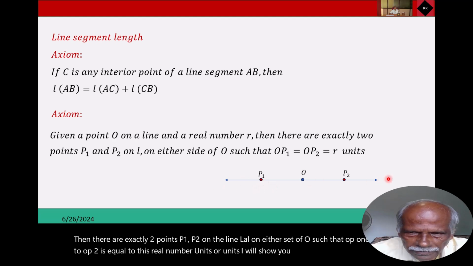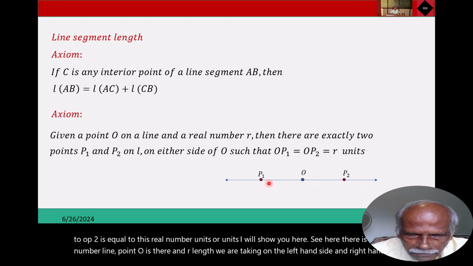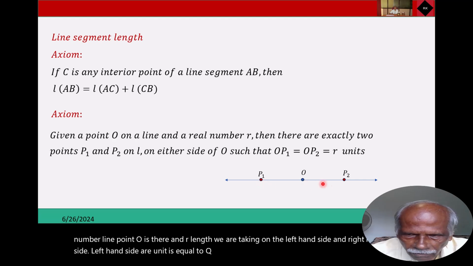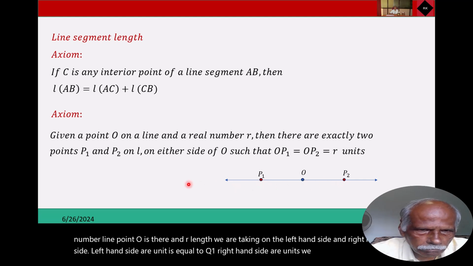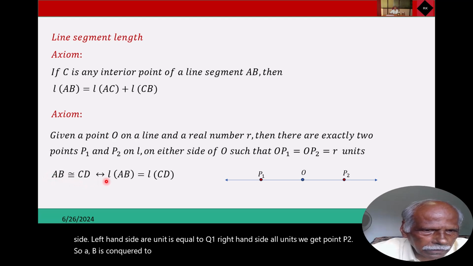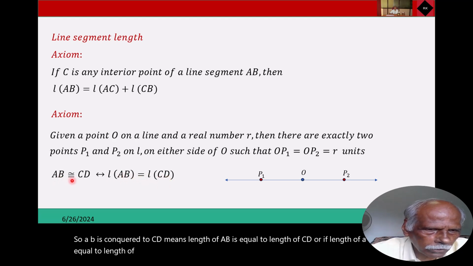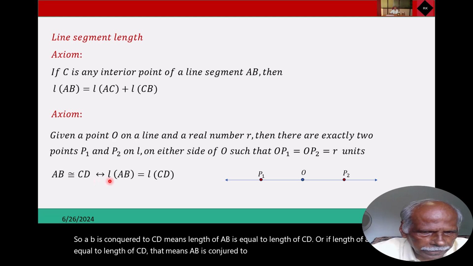See here, there is a number line, point O is there, and R length we are taking on the left hand side and right hand side. Left hand side R units we get P1, right hand side R units we get point P2. So AB is congruent to CD means length of AB is equal to length of CD. Or if length of AB is equal to length of CD, that means AB is congruent to CD. That is implication on both ways.